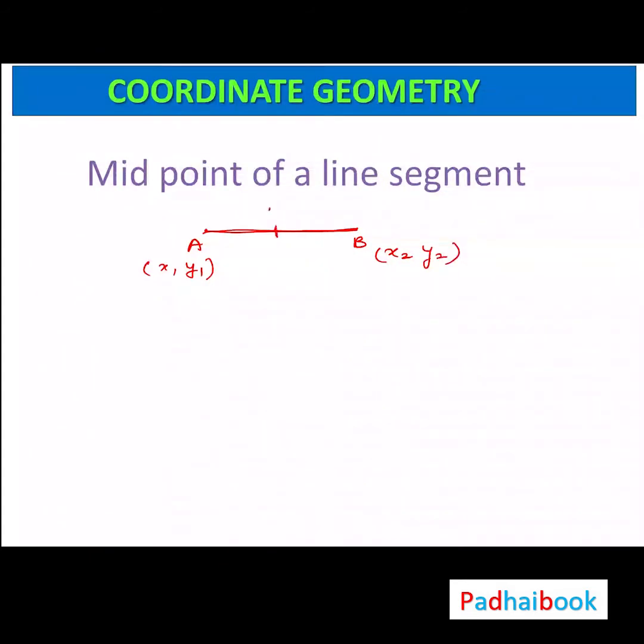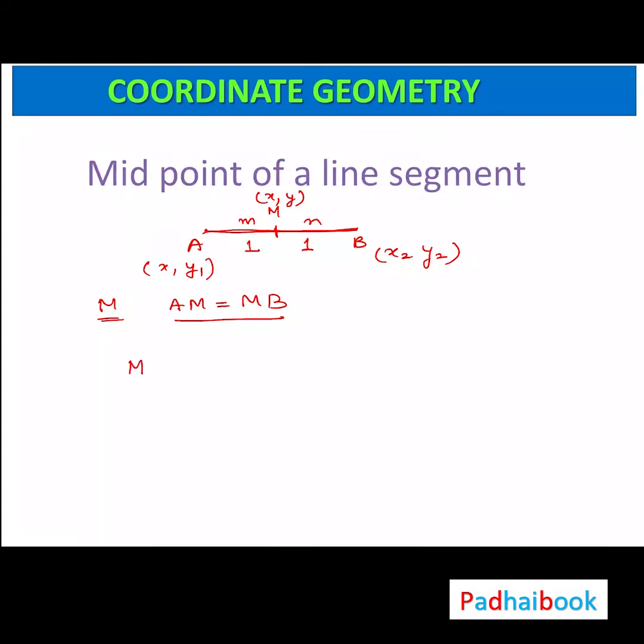And say this point M with the coordinates (x, y) divides it in the ratio m is to n. Now for M to be the midpoint, what will happen to the ratio? If M is the midpoint, then AM will be equal to MB. Right? So that means my ratio will become 1 is to 1. So I will give the value of m to be 1 and n to be 1.